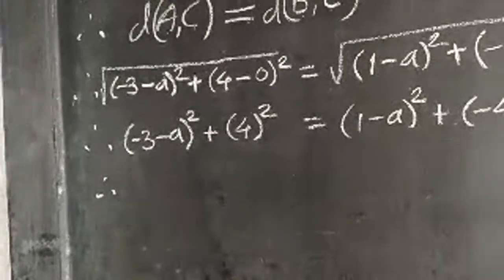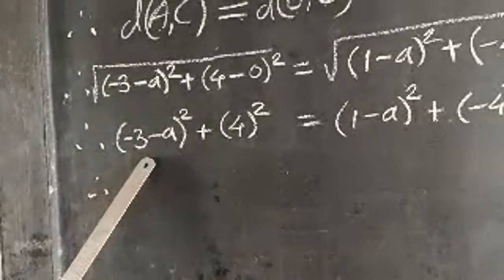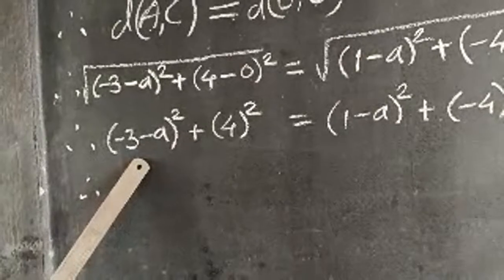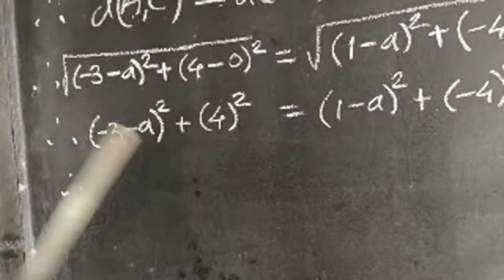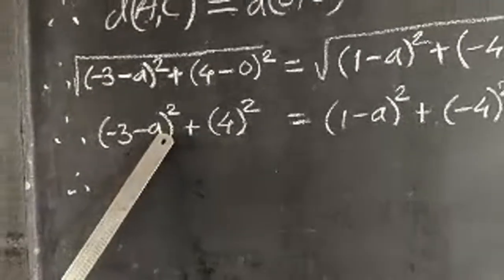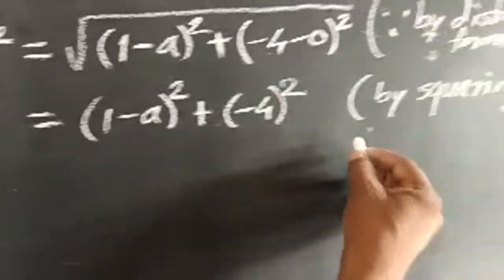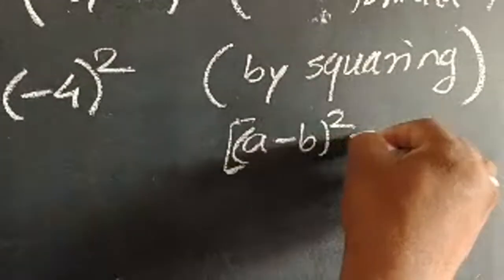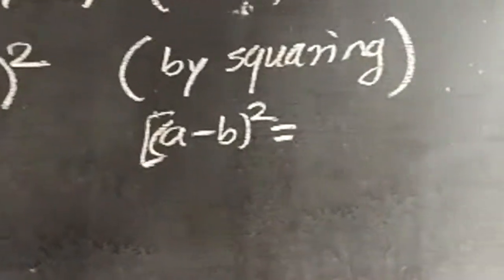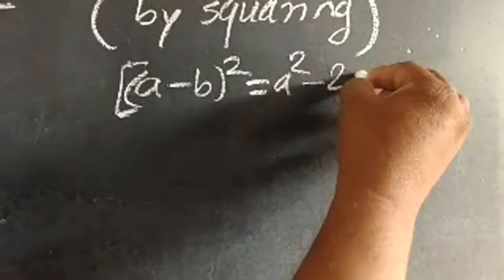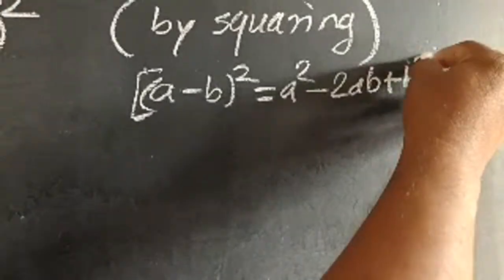Therefore we can use the formula (a minus b) square. Yes, (a minus b) square. That formula we can use. Here (a minus b) square is equal to, tell the formula, a square minus 2ab plus b square.